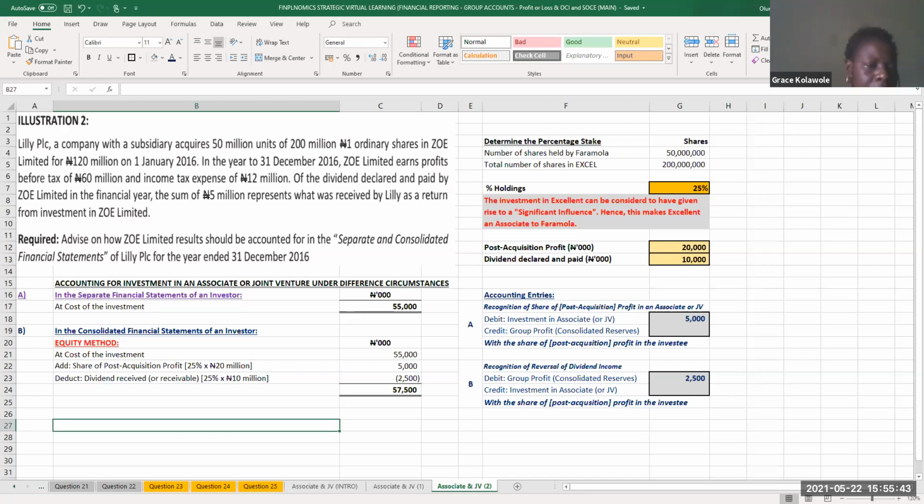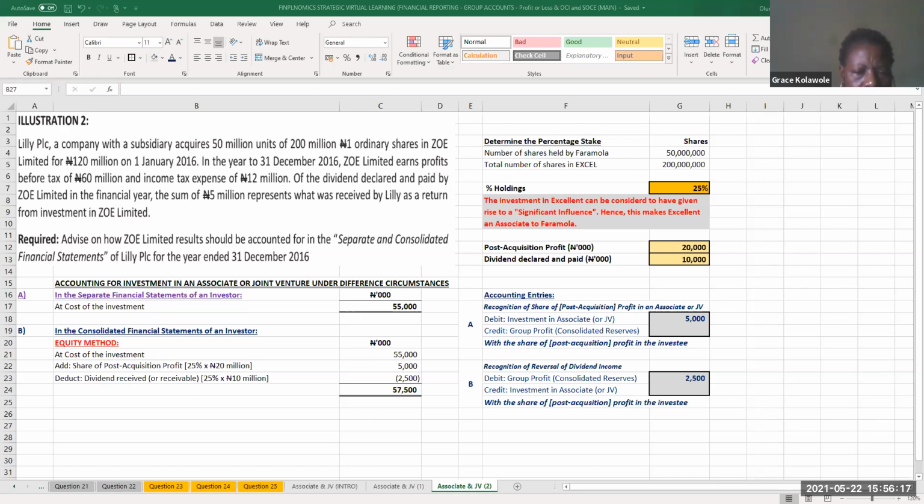I'll read. Lily PLC, a company with a subsidiary, acquires 50 percent shares in Zoe Limited for 120 million on 1st January 2016. Zoe Limited earns tax expense of 12 million.